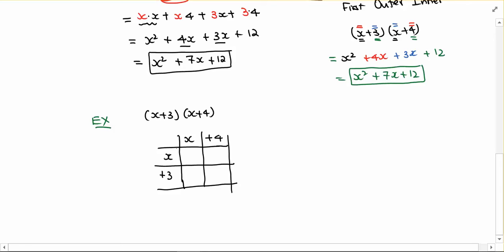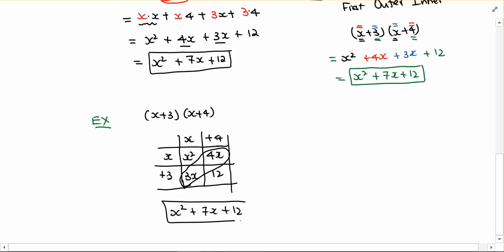So x and x is x squared, x and plus 4 is 4x, 3 and x is 3x, and 3 times 4 is 12. And you can see that you get those two terms right there. You add them together, and that gets you x squared plus 7x plus 12.